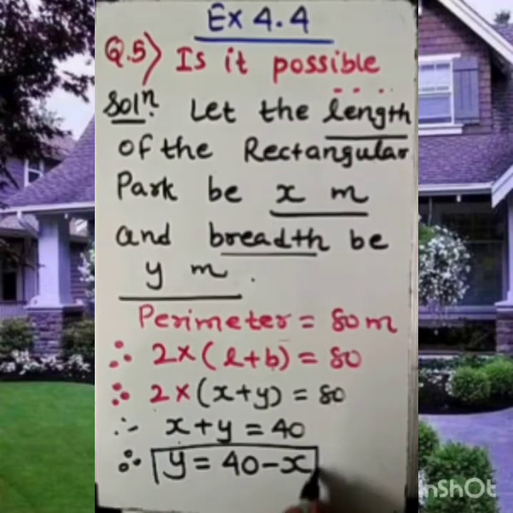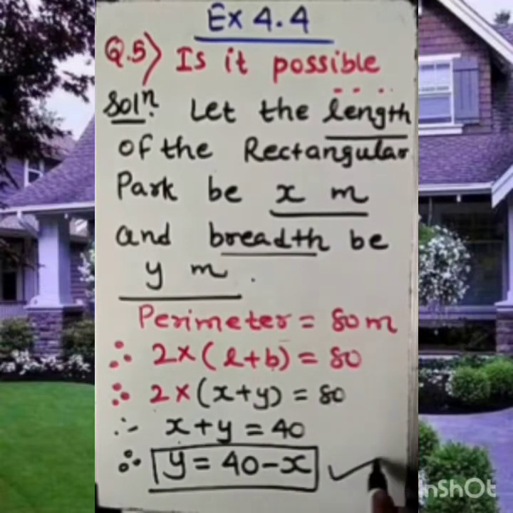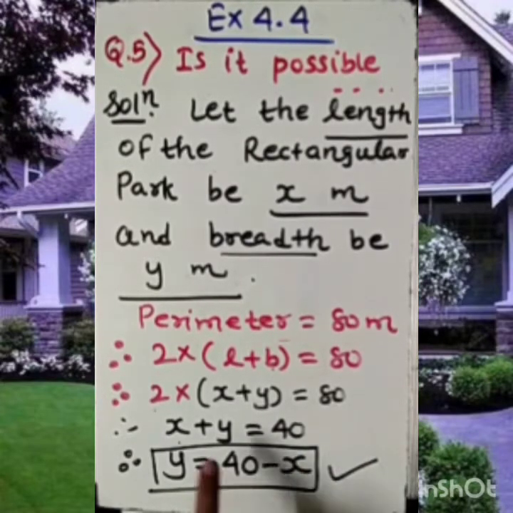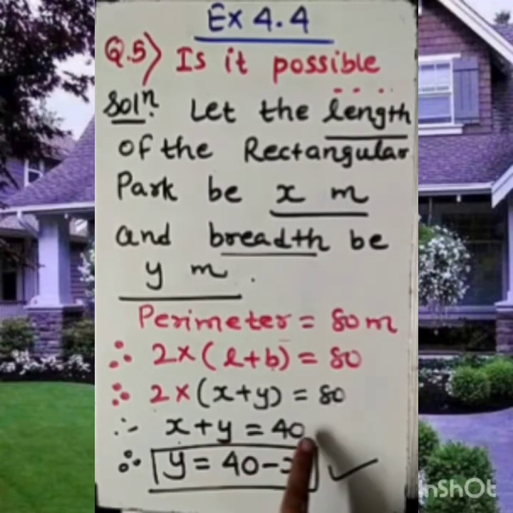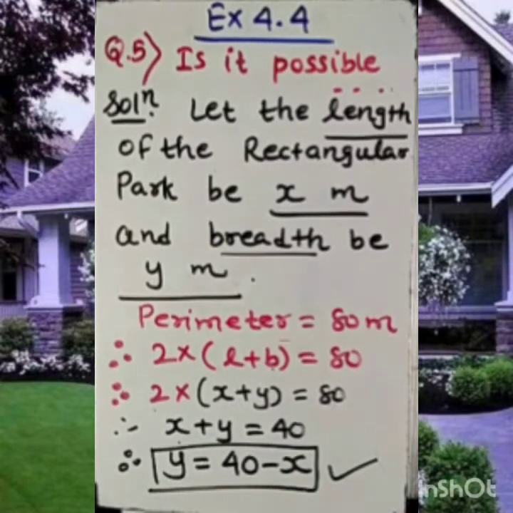So wherever we will use the y, in place of that we will substitute this value after gaining this relationship between length and breadth. Sum of length and breadth is coming 40. So through that we are able to find the breadth will be 40 minus x. Now let's work out further.